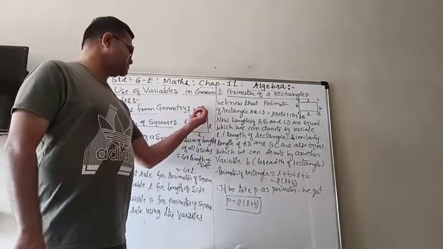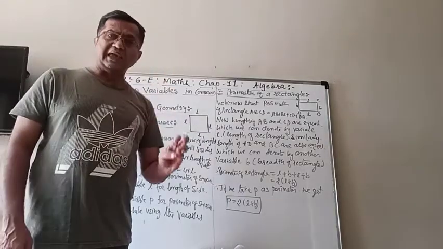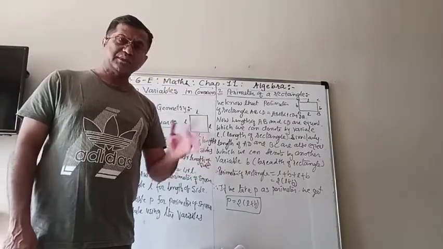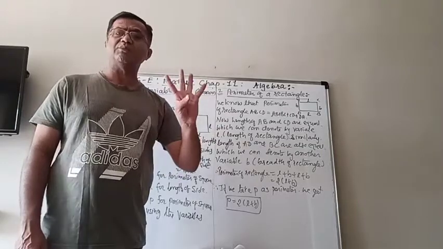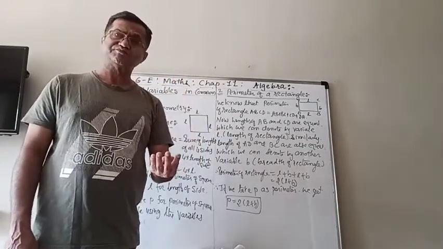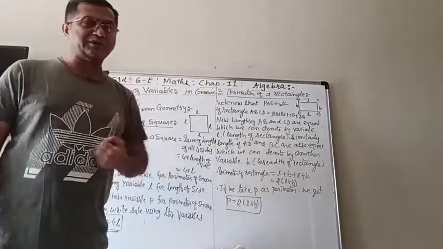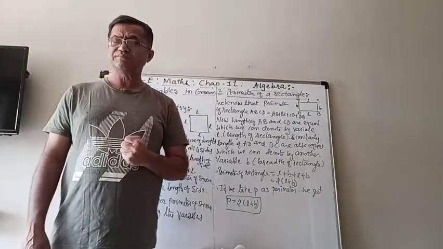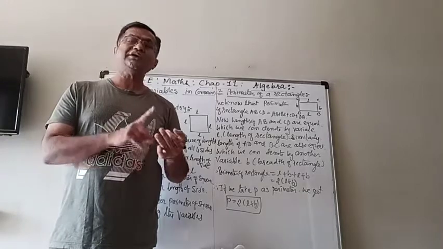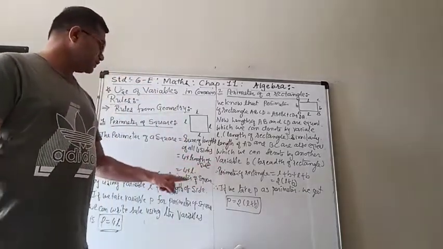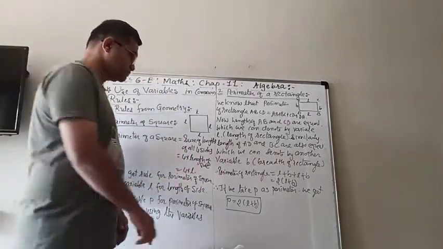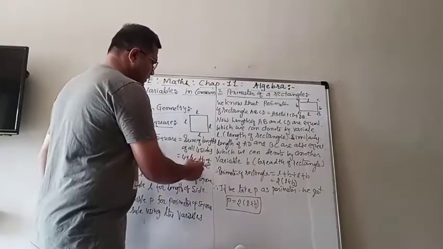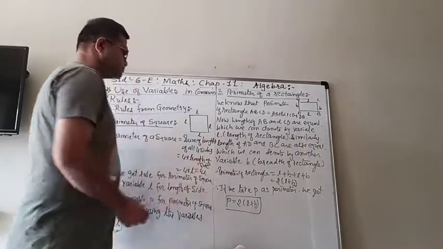Side plus side plus side plus side means L plus L plus L plus L, 4 times. So the perimeter of a square when the length is denoted by L will be 4 times L, or you can write 4L.